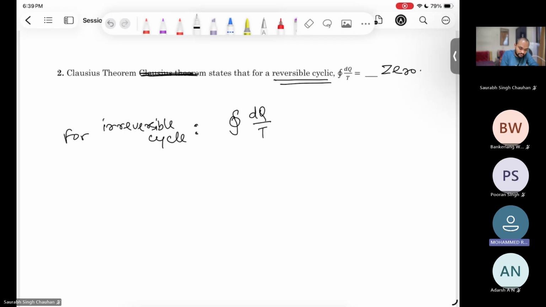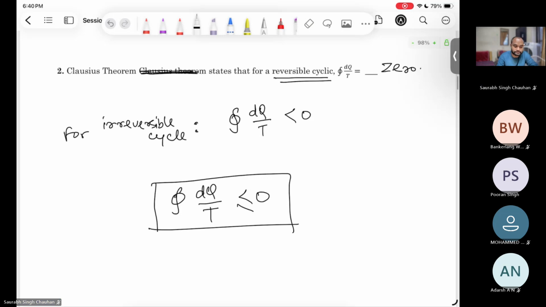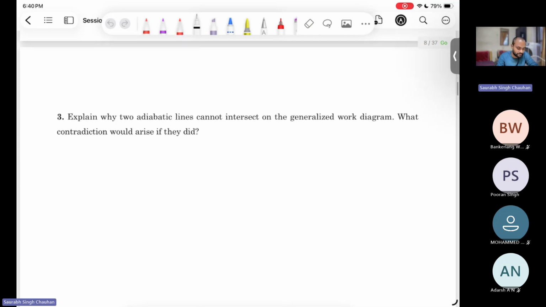Less than zero, negative. Correct. So in general, the cyclic integral of dq by T can be either 0 or less than 0. So this is the Clausius inequality.